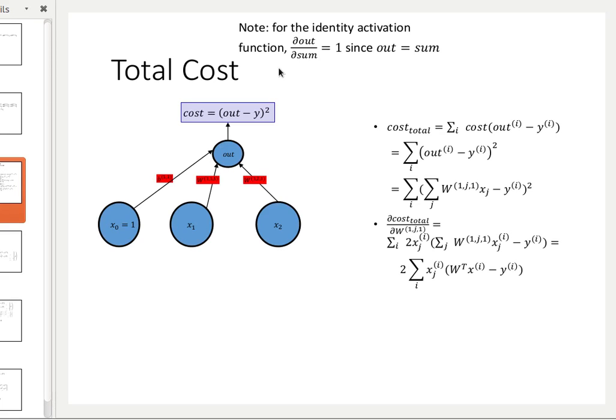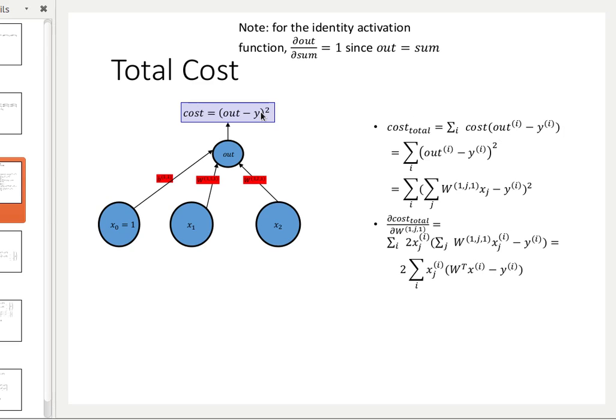Now, what about the derivative? The first thing that we need to do is we need to actually think about not one training case, but multiple training cases. Here we might think about the derivative with respect to the cost function for all the training cases, or you might imagine that you're using a mini batch, the way you would in project 2. Either way, what you would say is that the total cost is just going to be the sum over the costs for each individual training case.